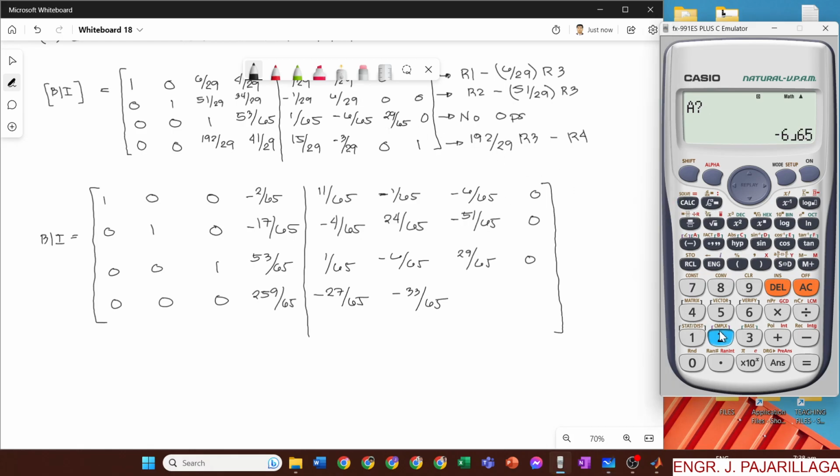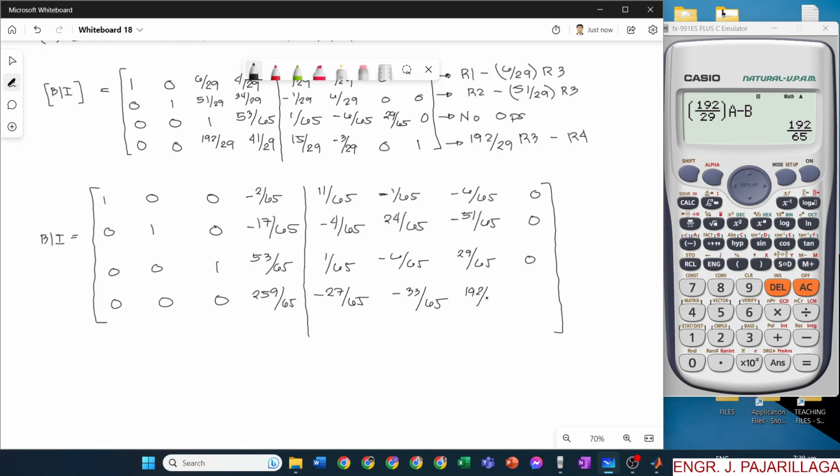You have 29 over 65, positive. Alright, equals. And then for row 4, that is 0. So this is 192 over 65. And lastly, calculate natin, for row 3, that is 0. And for row 1, that is 1. So the value is negative 1.